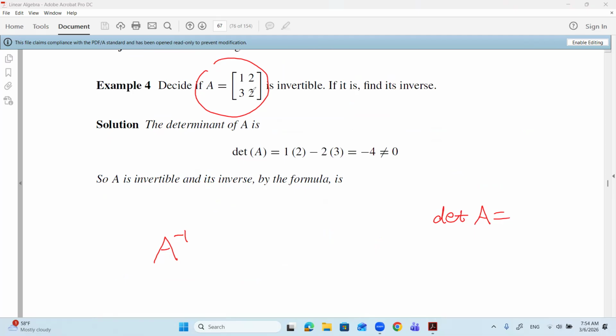The determinant of A for this A is 1 times 2 minus 2 times 3. This product minus that product. So we get 2 minus 6, which is -4, non-zero. If it's non-zero, then the inverse exists according to the theorem. Not only does it exist, we can represent the inverse of A by this matrix.